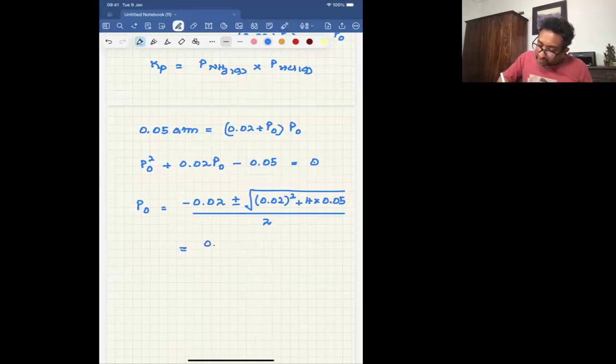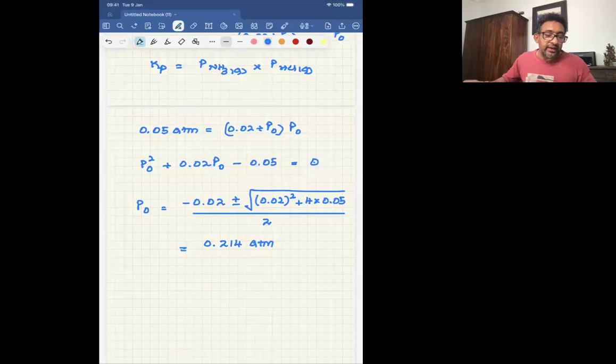So that gives 0.214 atm. Let's double check: 0.02 squared plus 4 times 0.05, and then square root of this minus 0.02 divided by 2.